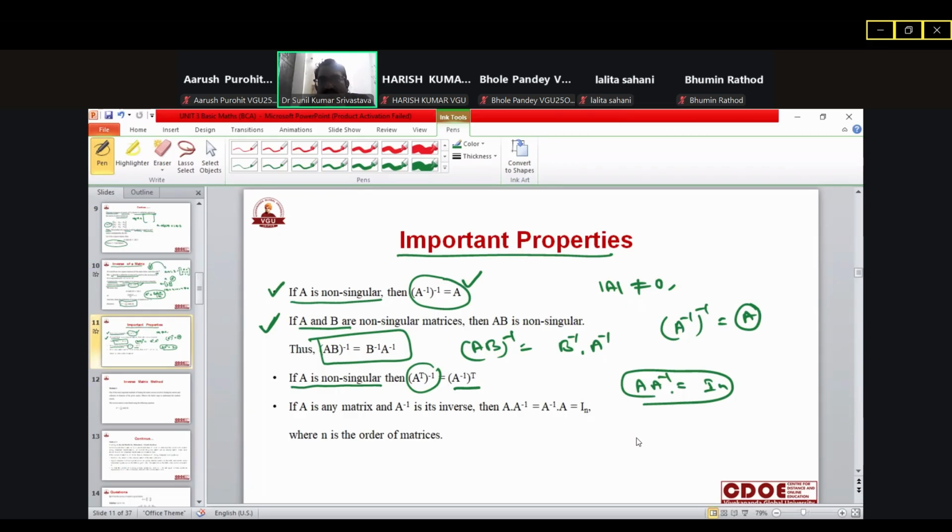If A is a non-singular matrix, then A inverse transpose is equal to A transpose inverse. These are some basic related topics.